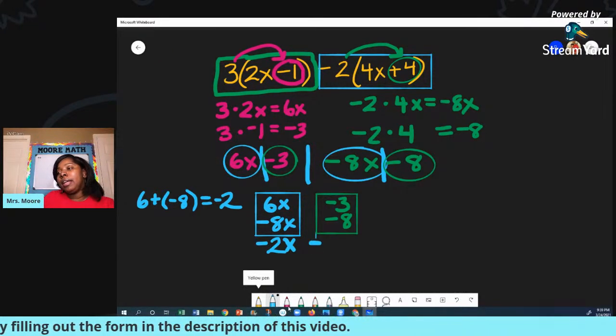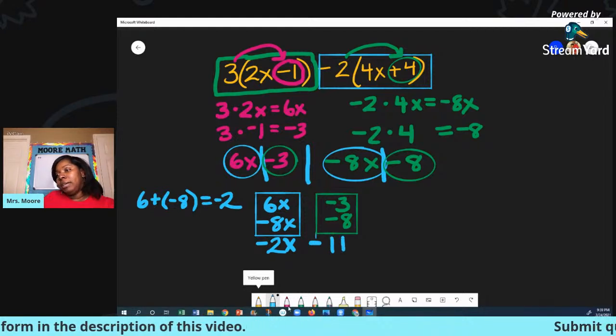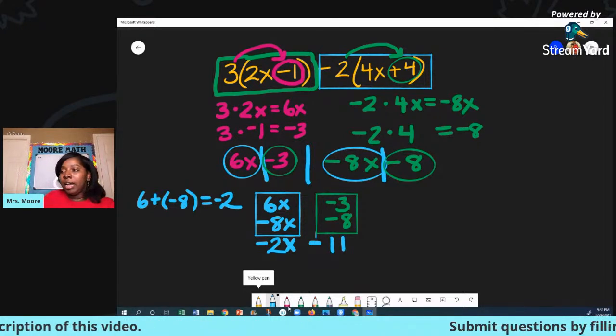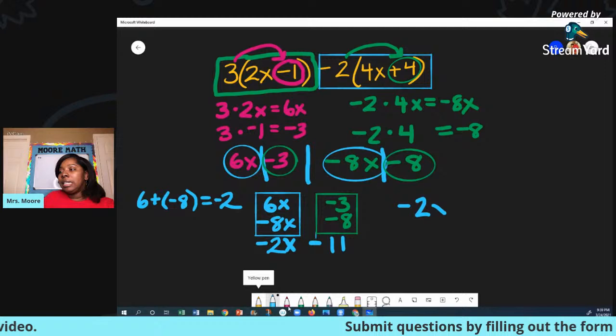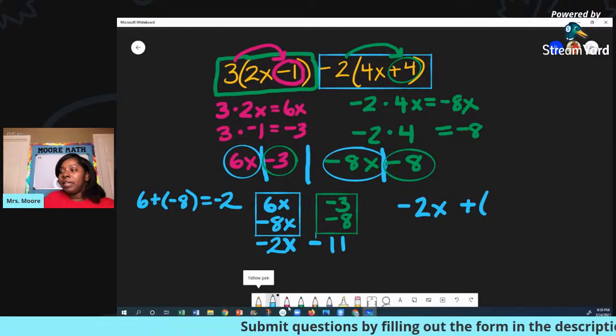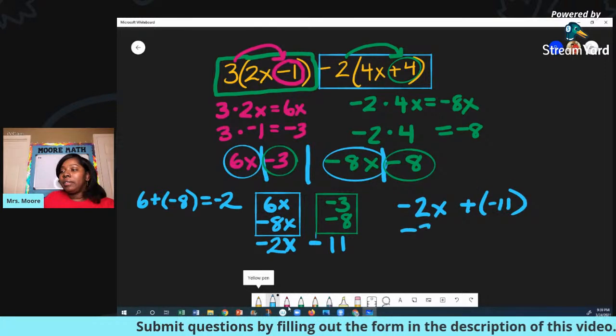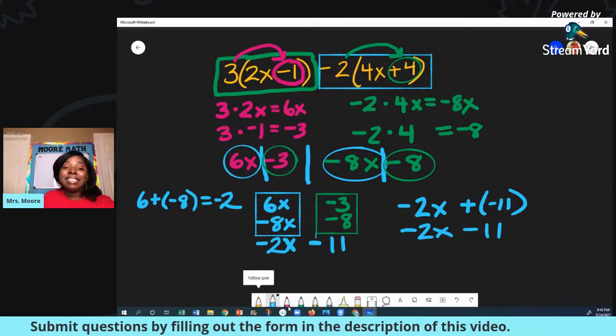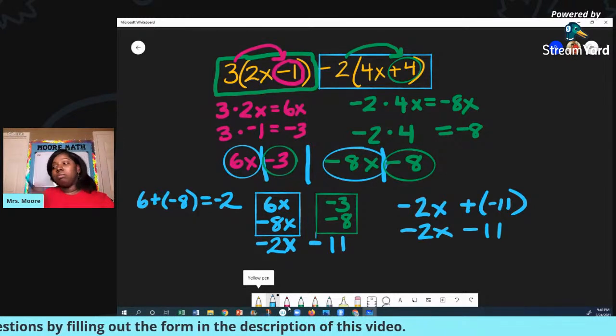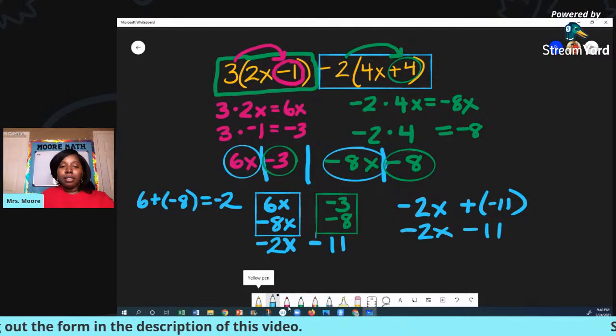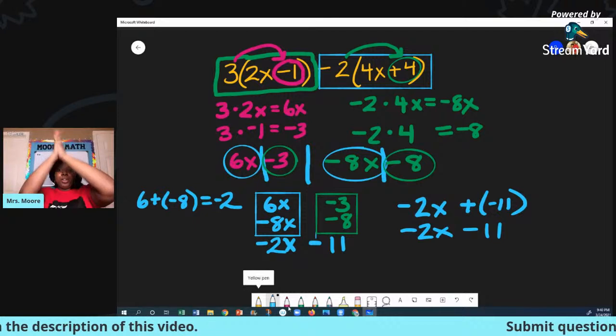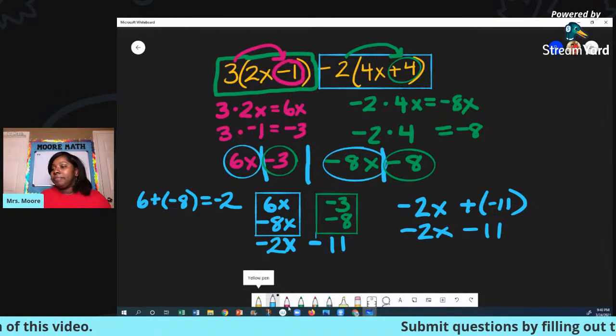You're going to add them together and keep the sign the same. Awesome. You got it right. So whether you put negative 2x plus negative 11 or negative 2x minus 11, that is the same exact thing. So you would get it correct. Awesome.